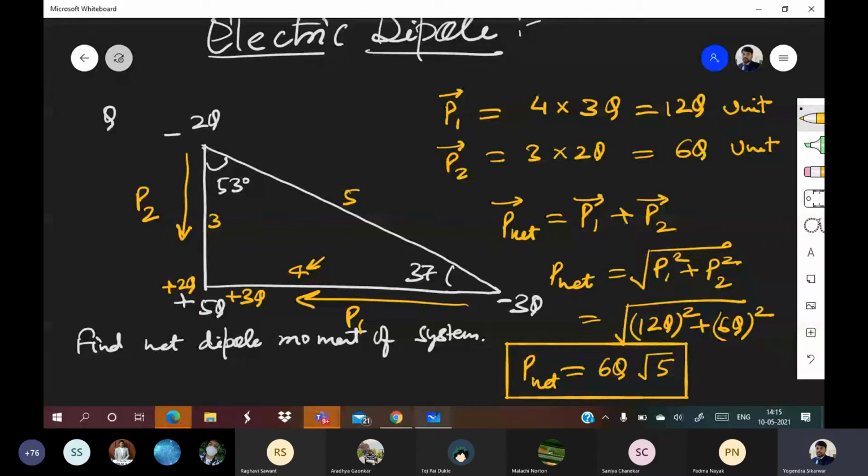We created two dipoles by considering plus 5q as plus 2q and plus 3q. After that we solved it.